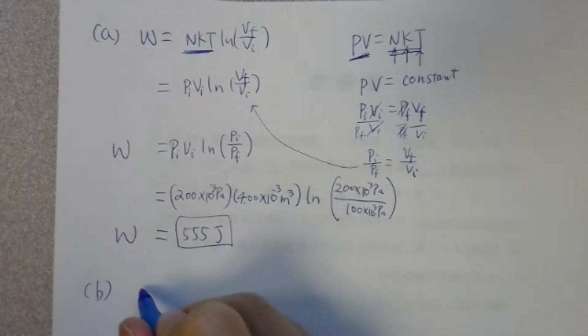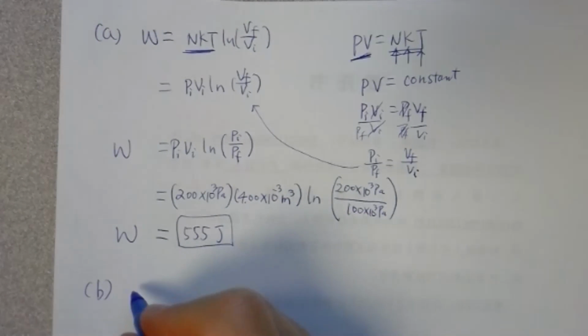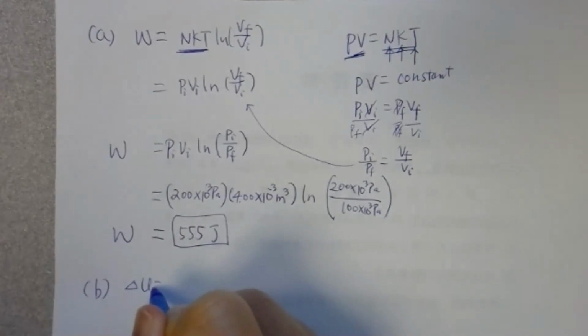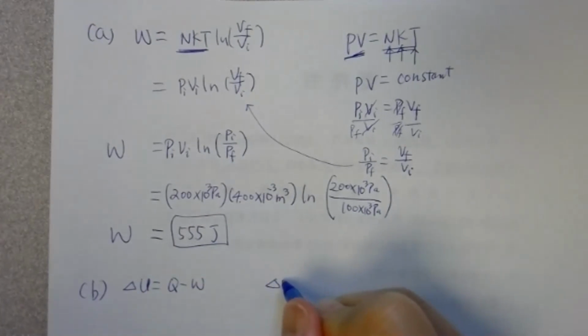So you're looking for Q, and as I mentioned, you're going to use delta U equals Q minus W. So what's delta U here?